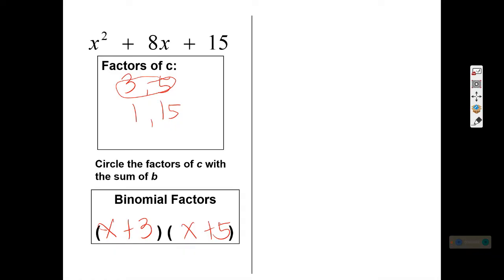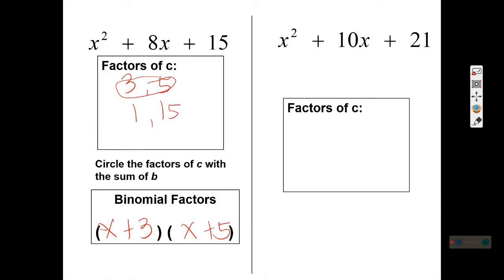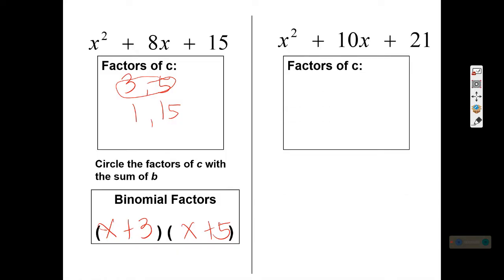Okay? So, let's have another example. We have x squared plus 10x plus 21. So, the factors of 21, or the positive 21, will be 3 times 7 and we also have 1 times 21.